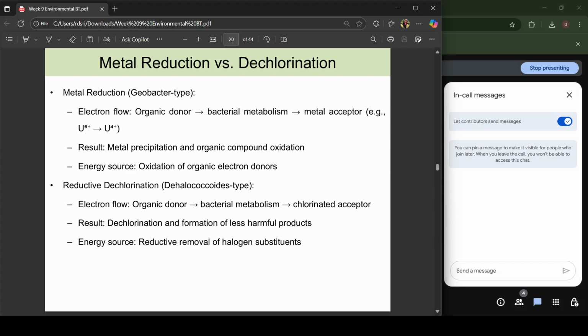So until now we have seen some basics about bioremediation and few examples like geobacter, dihalocolloids, sulfate reducing bacteria and all. We have seen the evolution of molecular techniques and microbial study techniques.